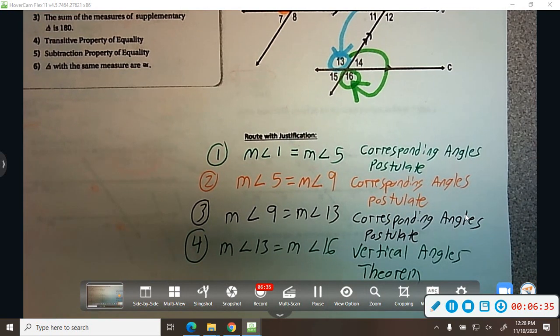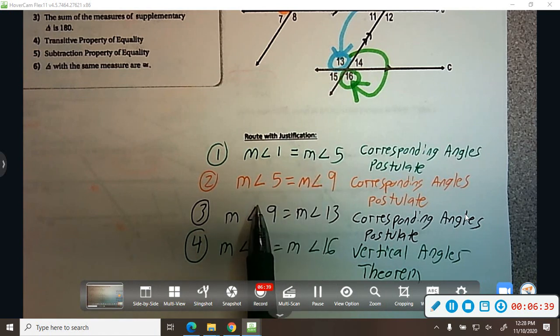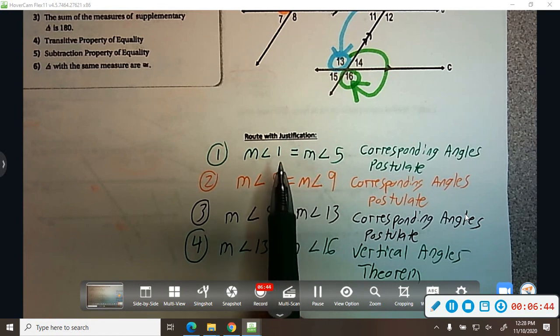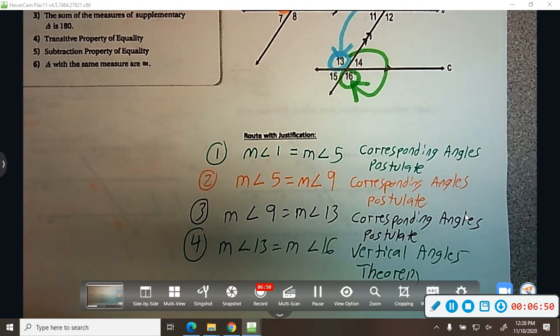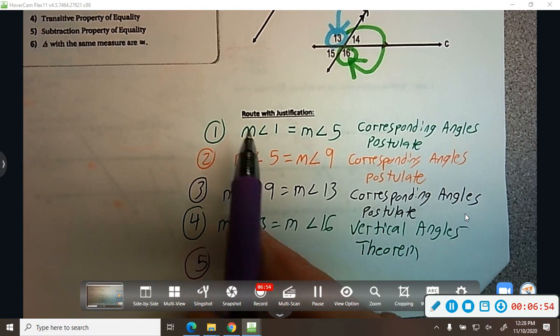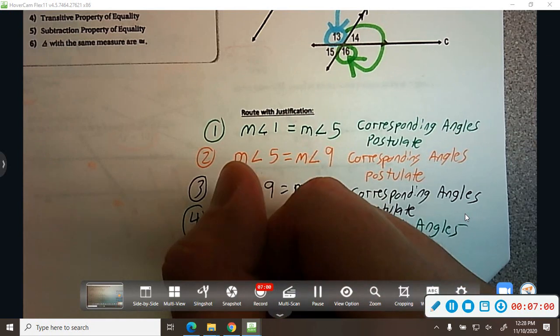Now I'm not done yet. If 1 equals 5, and 5 equals 9, and 9 equals 13, and 13 equals 16, then that means 1 equals 16 by the transitive property. So step number 5, which is what they asked: if 1 is 5, but 5 is 9, but 9 is 13, but 13 is 16, that means that 1 is 16.